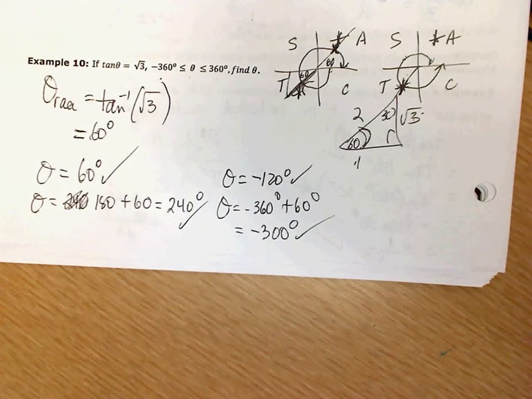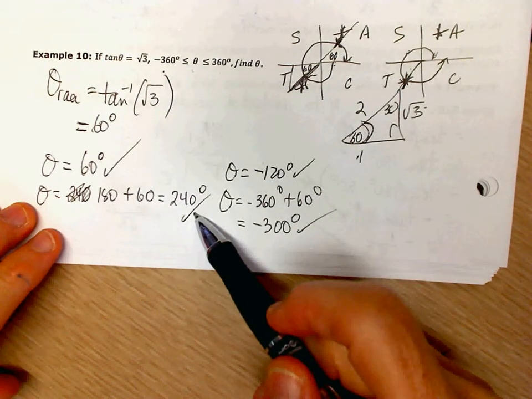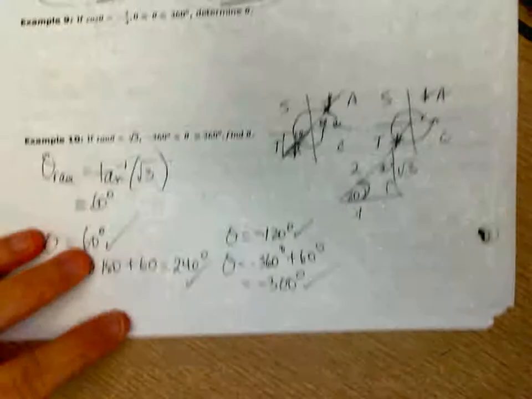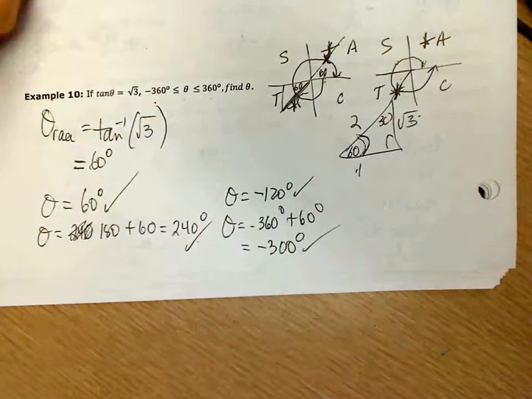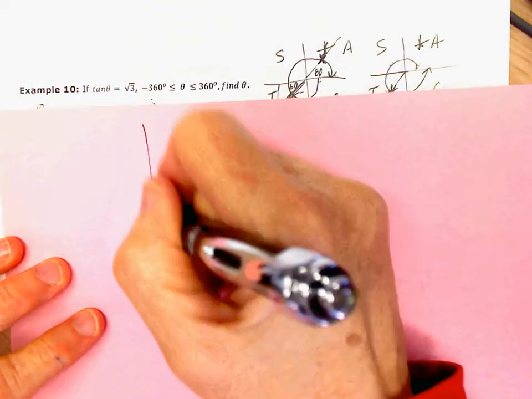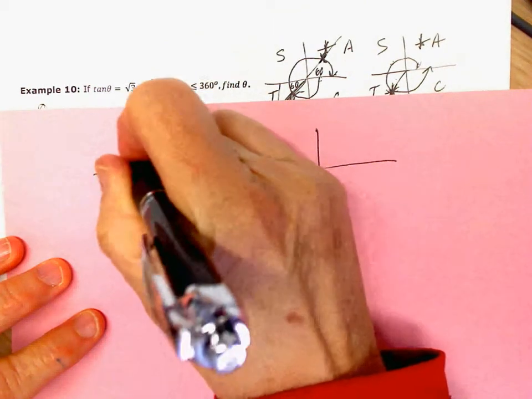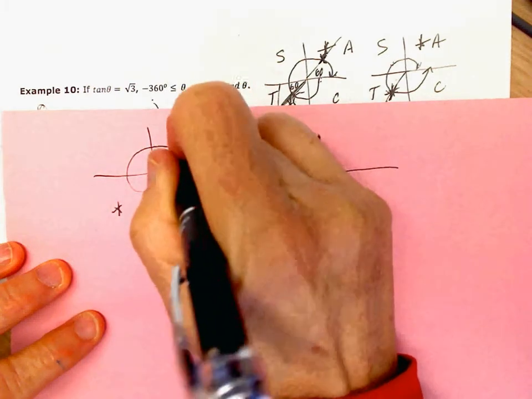Can I explain anything better? Okay, let me just maybe show you something a little extra. Because I know tan is positive, I need all answers going this way in a negative direction, so that's going to be here, and that's going to be here. My related acute angle has to be 60.